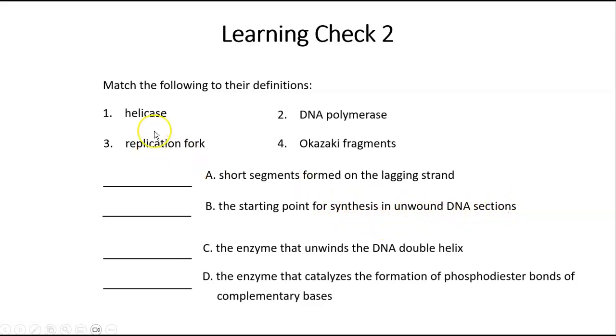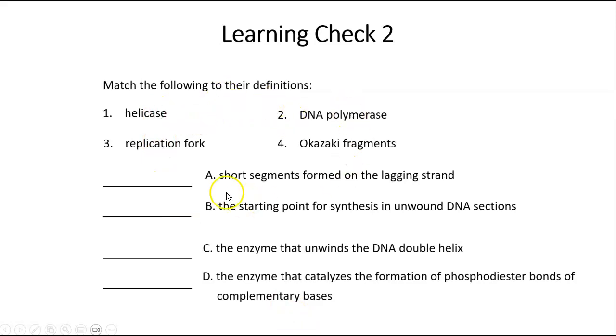What is the starting point from these four keywords? The enzyme that unwinds the DNA double helix. The enzyme, it has to be helicase or DNA polymerase. So what is that? The last one is the enzyme that catalyzes the formation of phosphodiester bonds of complementary bases.